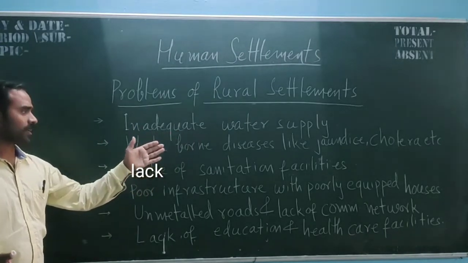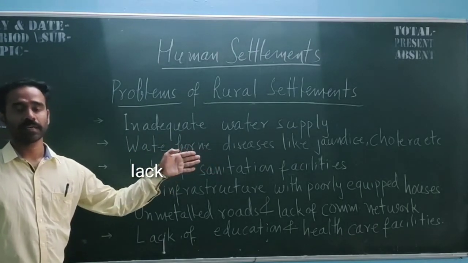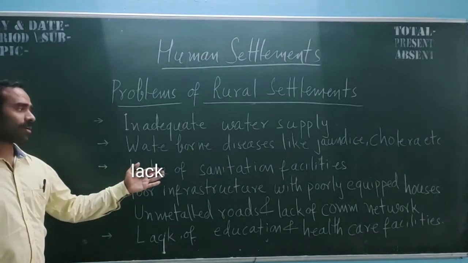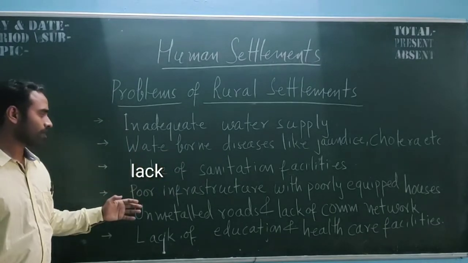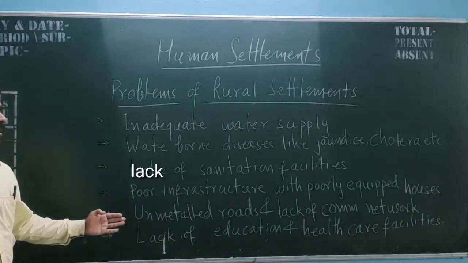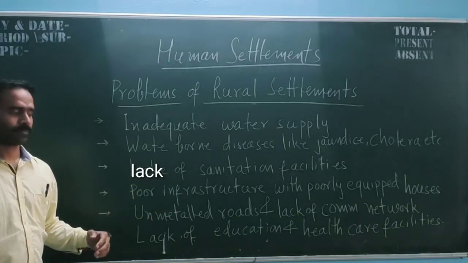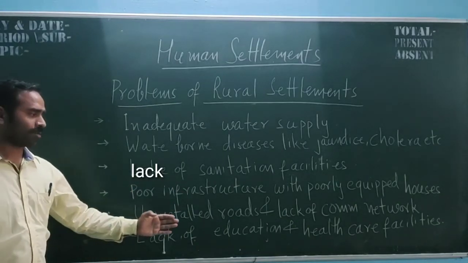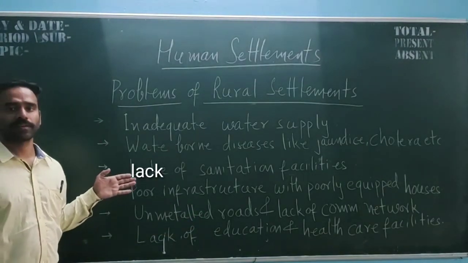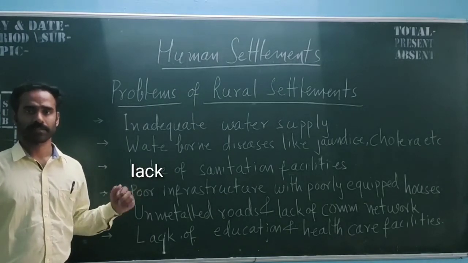Inadequate water supply, waterborne diseases like jaundice, cholera, etc., sometimes malaria and dengue, lack of sanitation facilities, poor infrastructure with poorly equipped houses, unmetalled roads, and lack of communication network, lack of education and healthcare facilities. These problems represent a great challenge and opportunity for the planners.